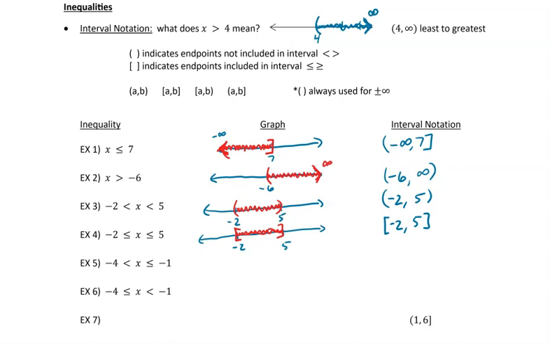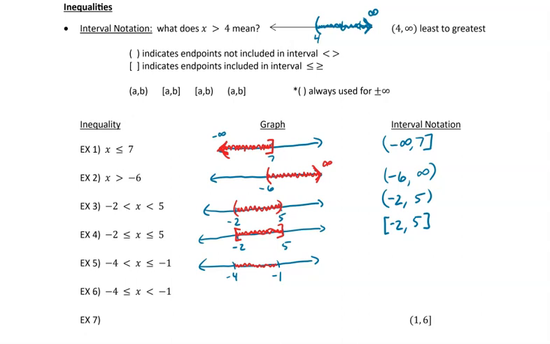All right, example 5. Again, still same exact idea, still very similar. So draw our number line. We're going to put both of our numbers on there. In this case, it's -4 and -1. X is in the middle, so we shade in the middle. Only this time we have to be careful with those inequality symbols.